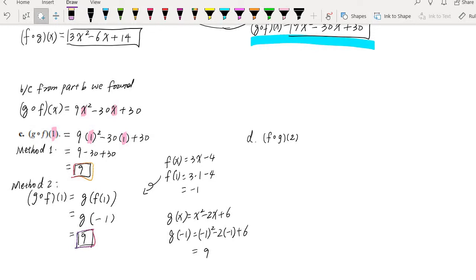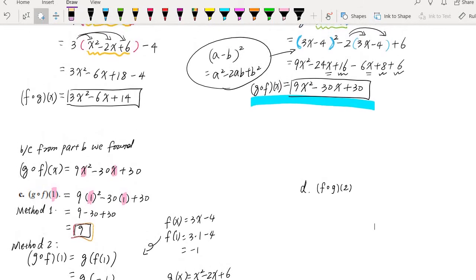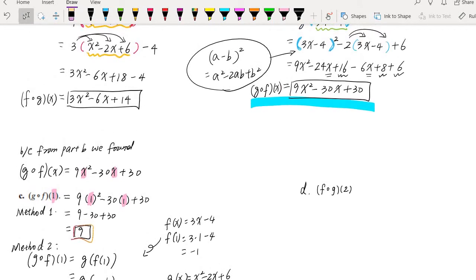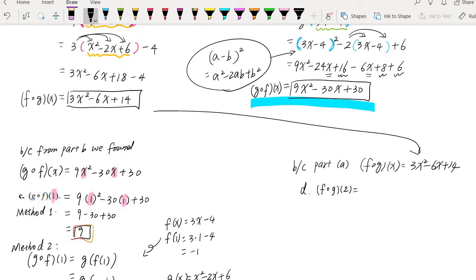So now let's look at part D. In part D we have f of g of 2. I'm just going to use the function we found from part A. I'm going to plug in 3 times your x, and we're just going to plug in 2.